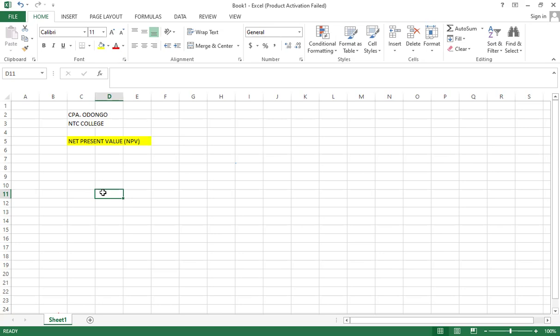If you have a future project you want to undertake, and you have to decide on the project's viability, the net present value, amongst other criteria, is what you can work with. We'll discuss the others as we proceed. After net present value, we shall be looking at the internal rate of return, that is the IRR.